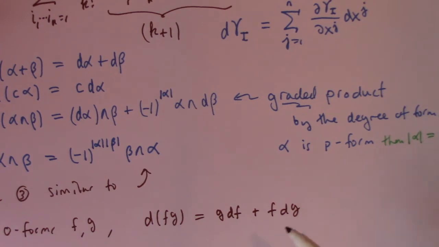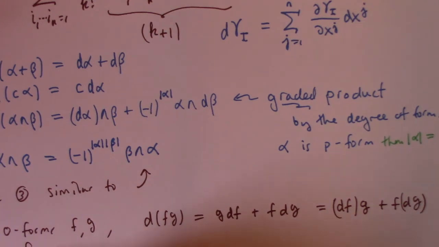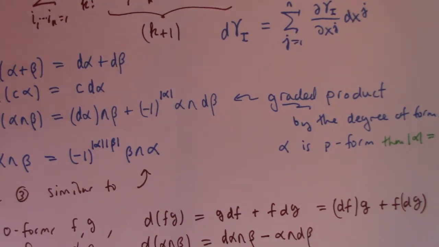I usually like to leave the order the same, so I usually write this as df g plus f dg. That's my own personal preference. For 1 forms alpha and beta, we have d of alpha wedge beta is d alpha wedge beta minus alpha wedge d beta, because they're both 1 forms, and then you can think about how that would work for higher forms.